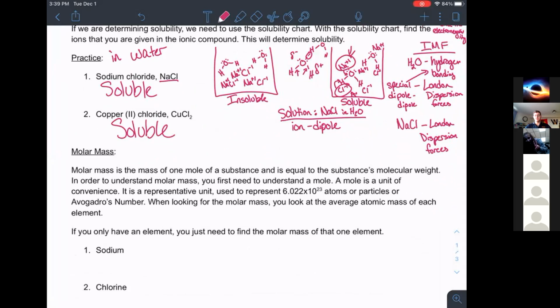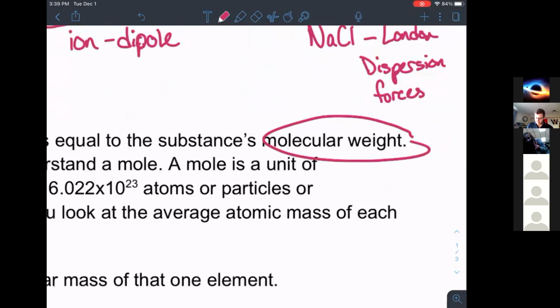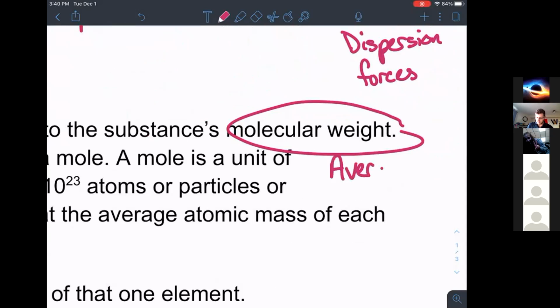You probably have seen this before because we've all done it way back in Unit 1. We just called it something different. Molar mass is the mass of 1 mole of a substance, and it's equal to the substance's molecular weight, or its average atomic mass. So molecular weight is just a fancy way of saying average atomic mass.